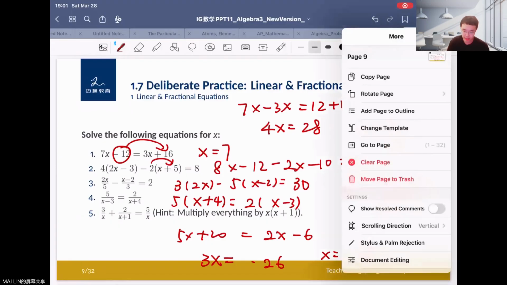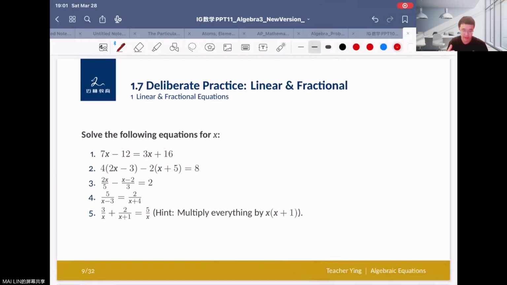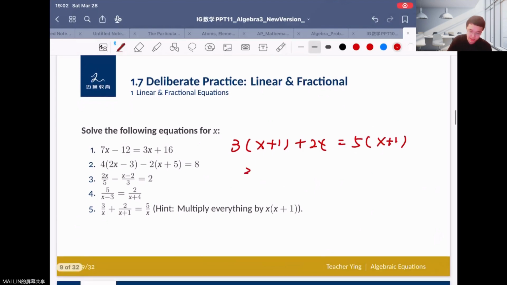And for the last problem, you can multiply both sides by x plus 1 at the same time. So it becomes 3 times (x plus 1) plus 2x equals 5(x plus 1). And then expand the brackets: 3x plus 3 plus 2x equals 5x plus 5, okay?